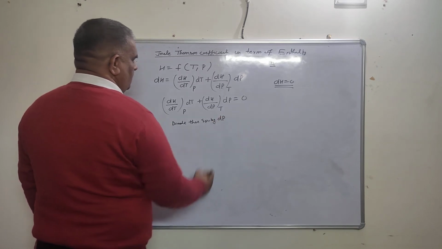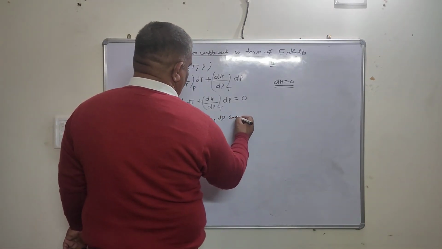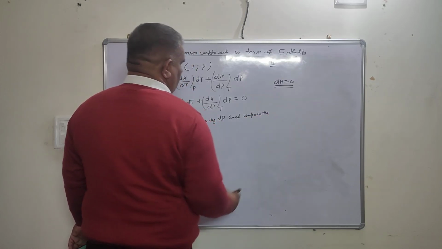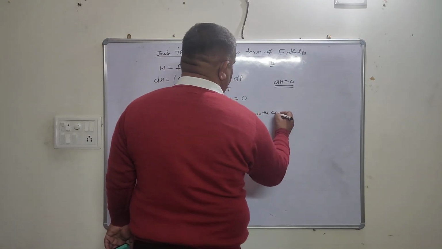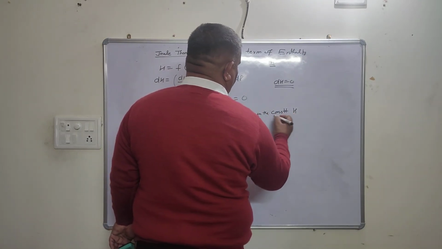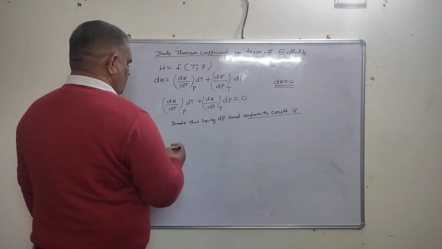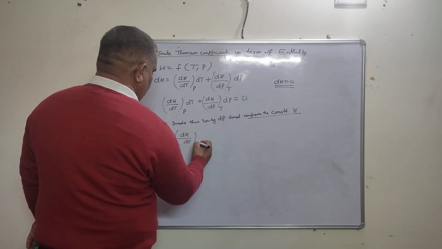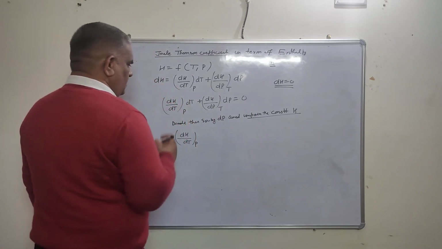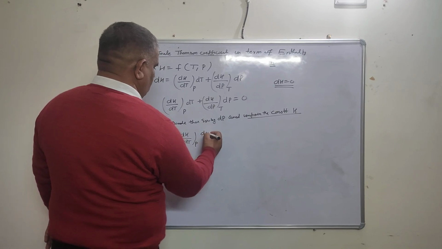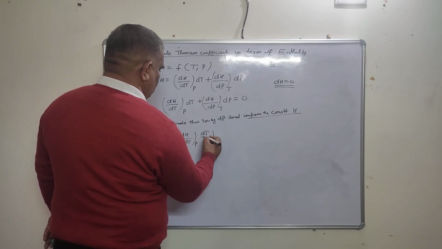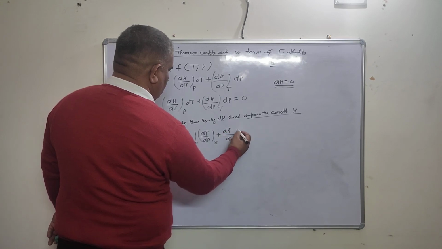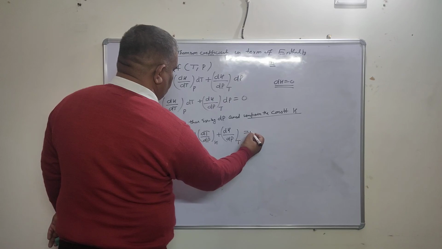So dH by dT at constant pressure times dT by dP at constant enthalpy plus dH by dP at constant temperature.